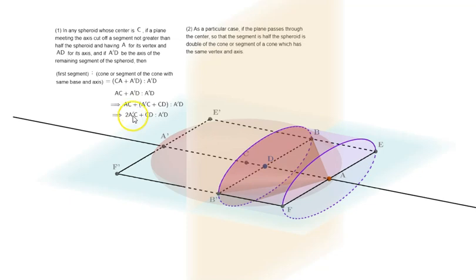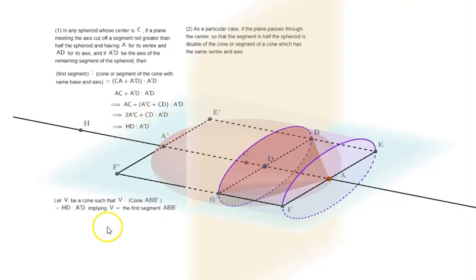So we can write it as 2 times A prime C plus CD is to A prime D. Now, to work this out in our diagram, we'll mark a point H so that A prime H is equal to A prime C. Which means now 2 times A prime C plus CD will be HD is to A prime D. So we have converted this into this.